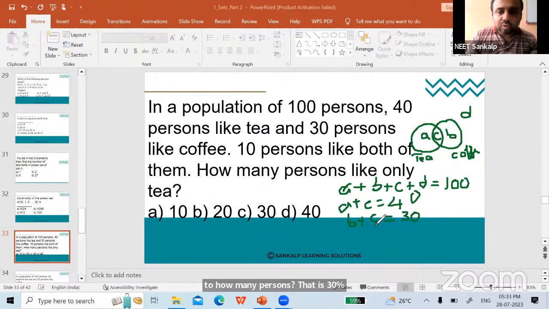Now we have to find only C from this. How to find C?